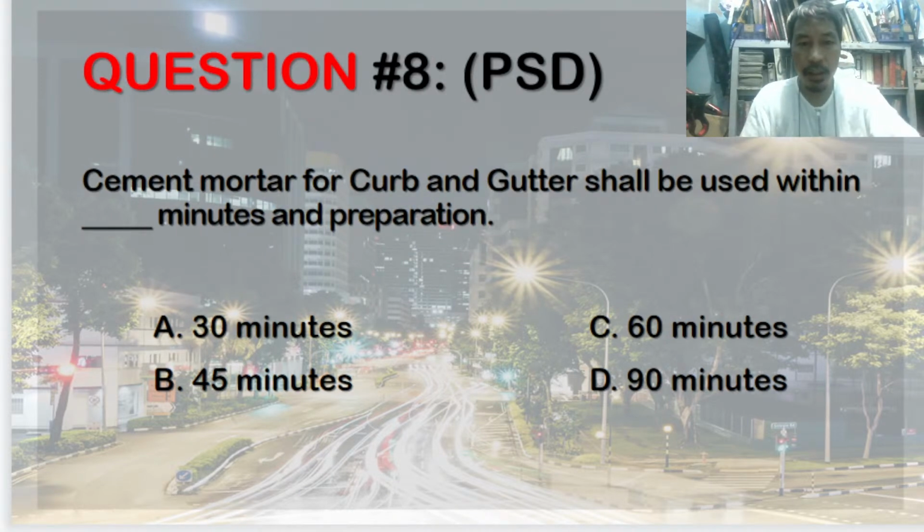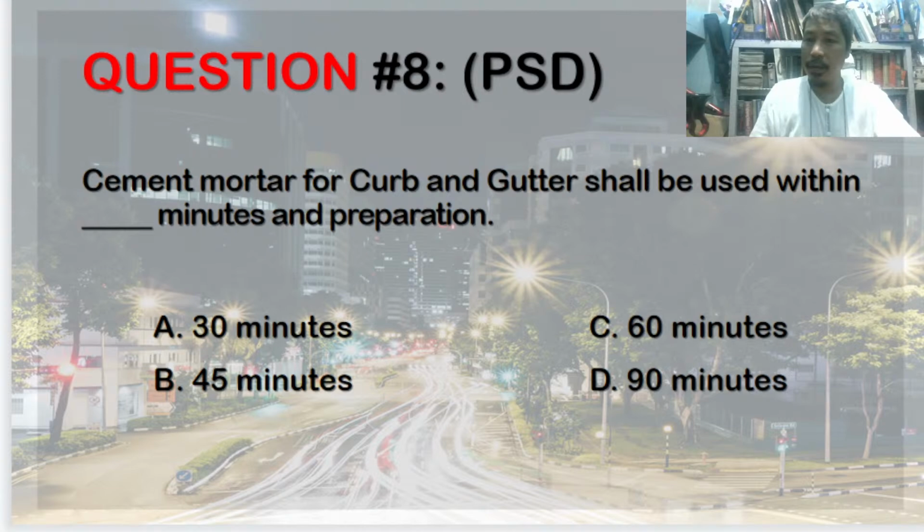Number 8, cement mortar for curb and gutter. A curb is a location in the road and highway system. The curb and gutter is the portion on the side of the road.